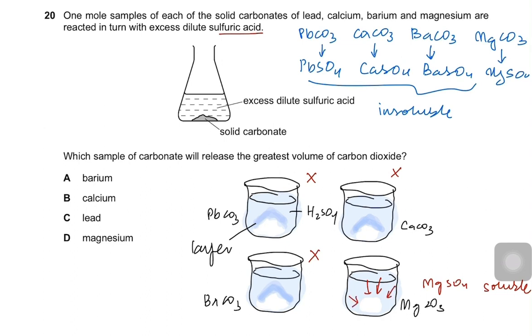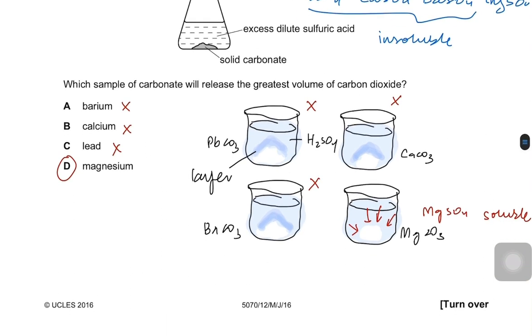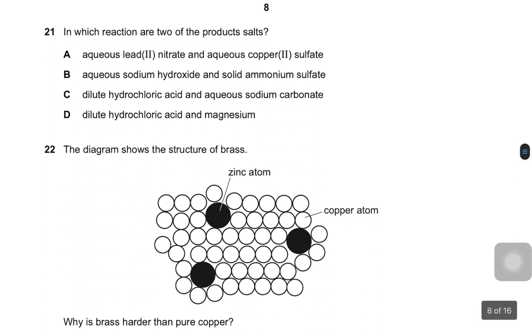In the other three cases, the sulfuric acid will not be able to react completely because of the layer of the sulfate. That is why only D goes to completion. So magnesium reacts with sulfuric acid to go to completion. In the next video, we'll talk about the rest of the 20 MCQs of 2016 Summer Variant 2.